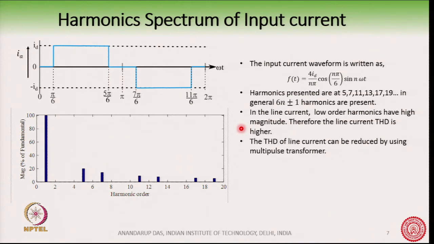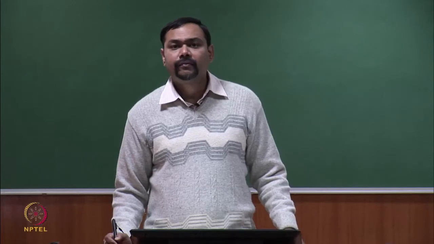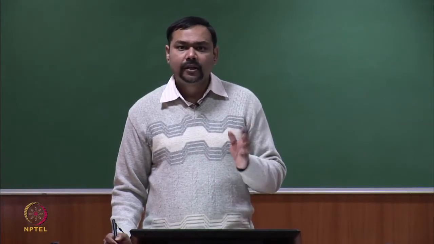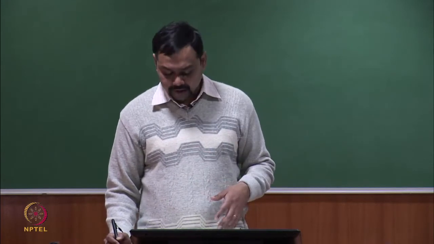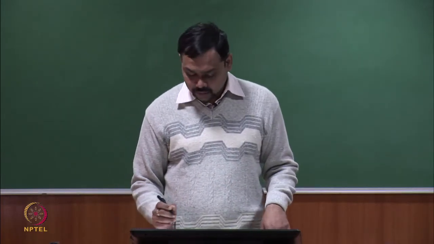The contribution of the harmonics is of course more for the 5th and 7th, their contribution is predominant, and if you go to the higher spectrum, their contribution goes down.